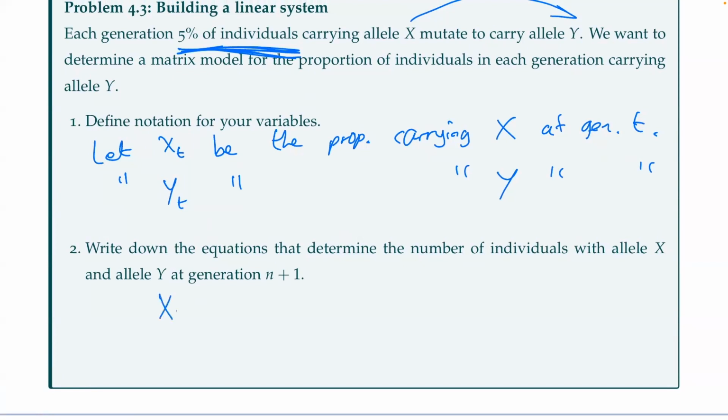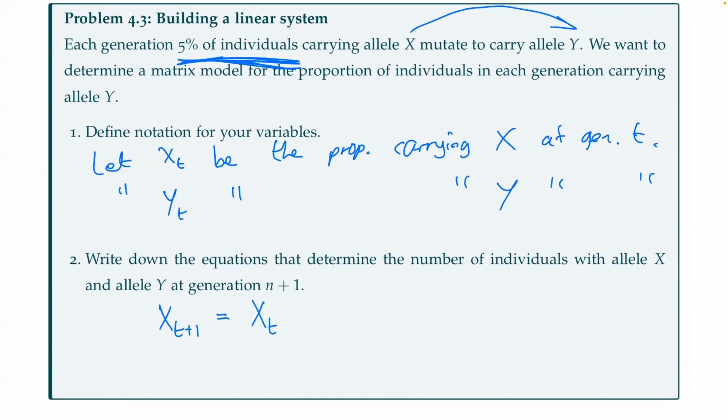Well, in generation T plus 1, we're going to have the proportion of individuals who were carrying allele X in the previous generation. And we're told that 5% of those individuals will mutate away, so they'll mutate to having the other allele.